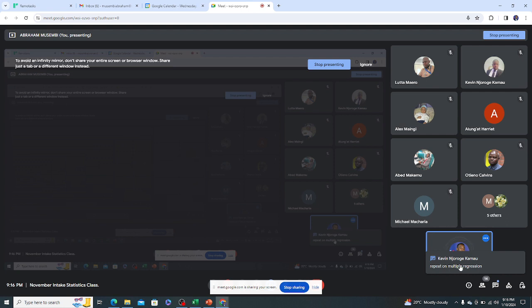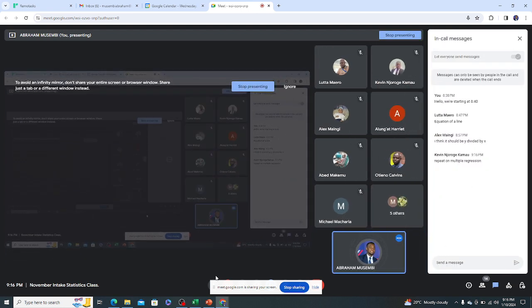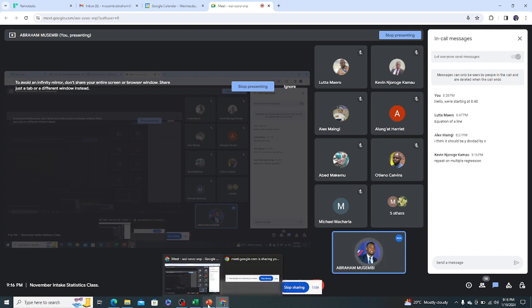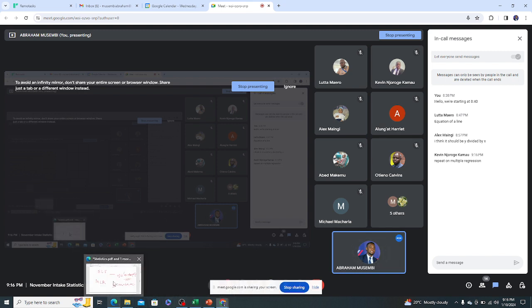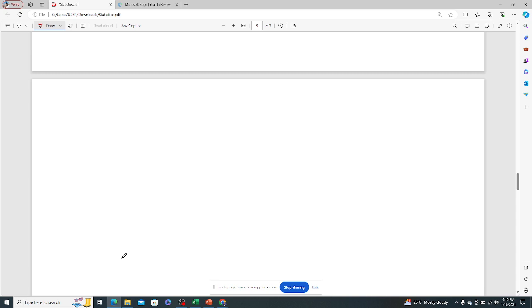Okay. So for multiple linear regression, I will give you now an illustration. Give me some factors which affect or which bring high blood pressure.